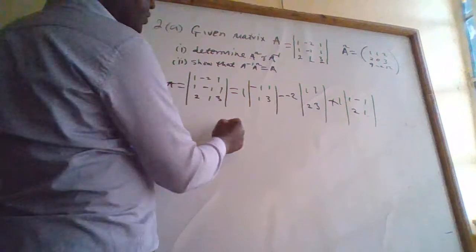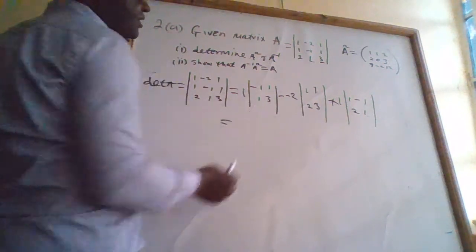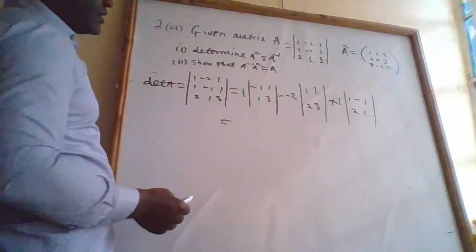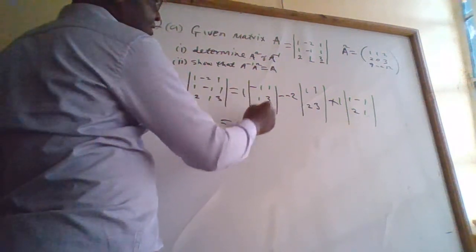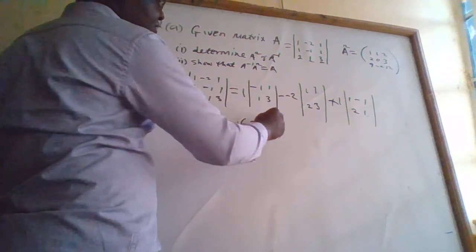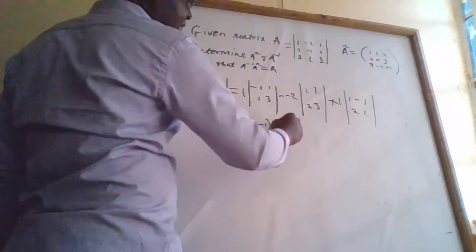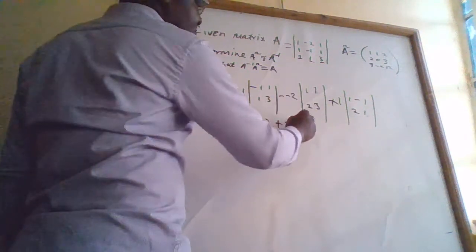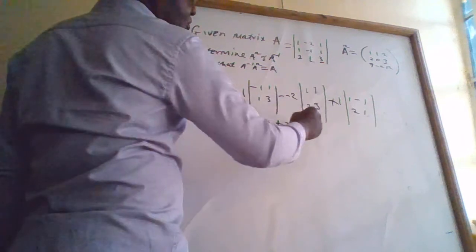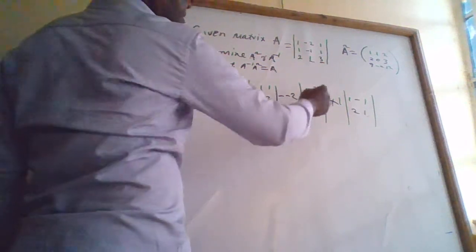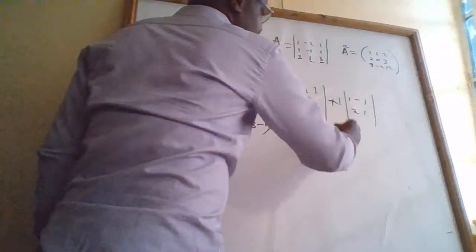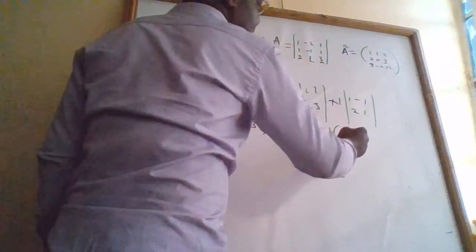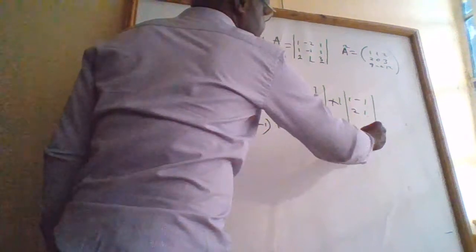Okay, so this equals to 3 times negative 1, we have negative 3. So we have negative 3, 1 times 1, minus 1. Then this plus, minus, plus 2 into 3 times 1, 3, minus 2 times 1, minus 2. Then plus 1 into 1 times 1, 1, minus 2, like that.